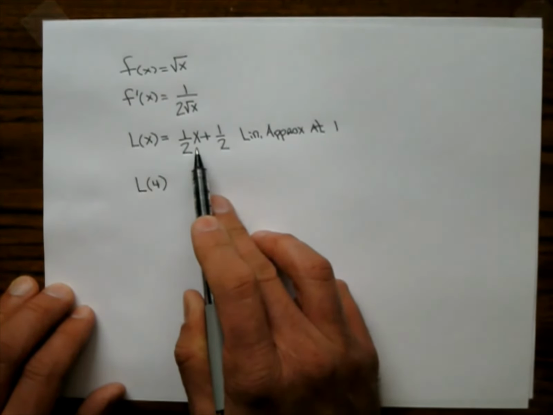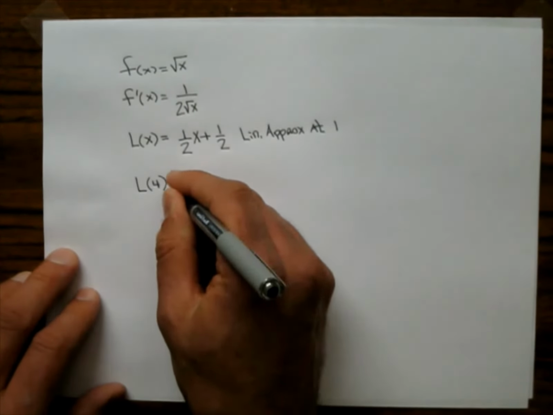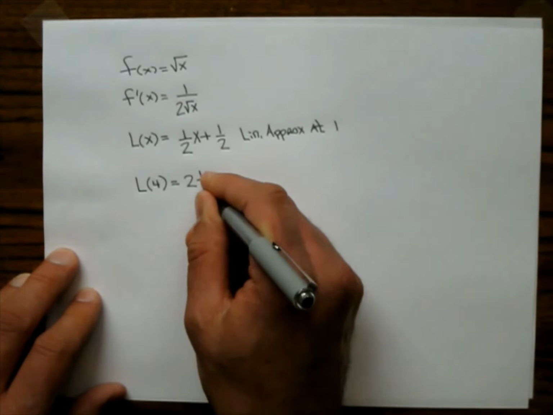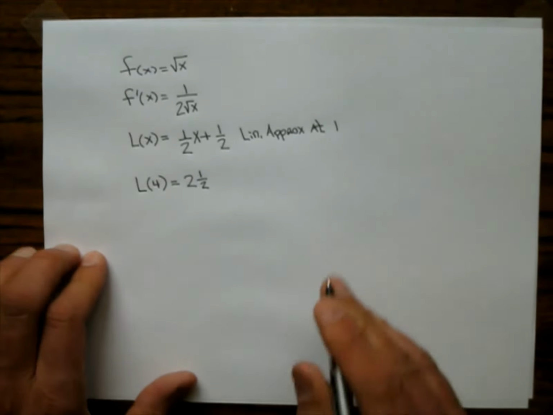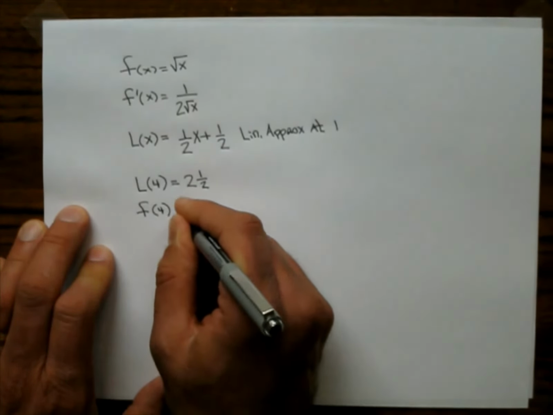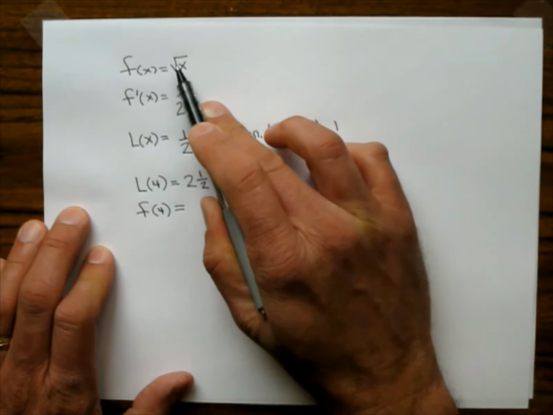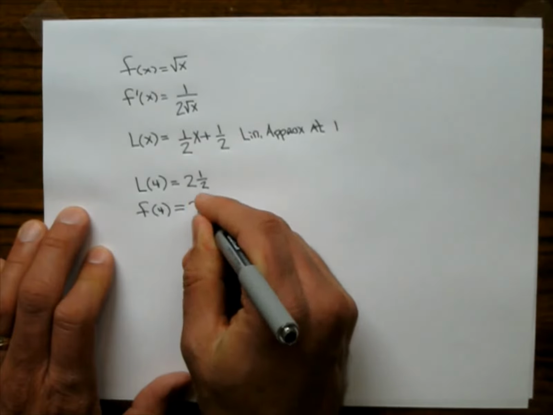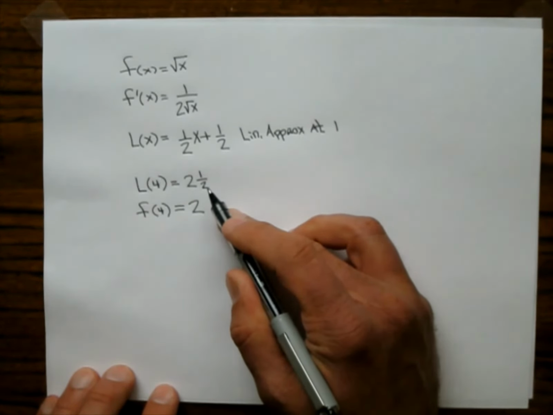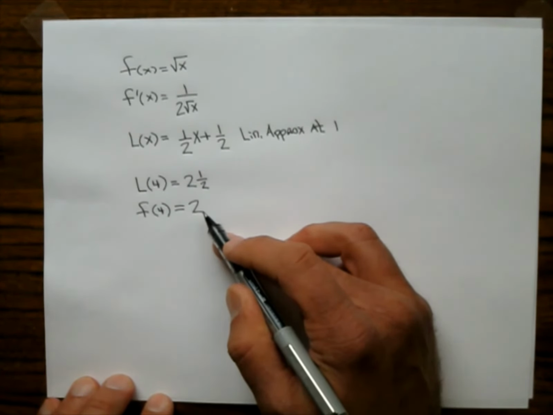So I'll end up getting 1/2 times 4, that's 2, plus 1/2, that's 2.5. And usually we use the improper fractions, but this time I'll go like that. Now I'm also going to do f of 4 because it's one that I can actually do without a calculator, and we put 4 in there, we get the square root of 4, which is 2. So those guys, even though they're close, maybe for government work they are, but they're not really close. Okay, they're not like super close.